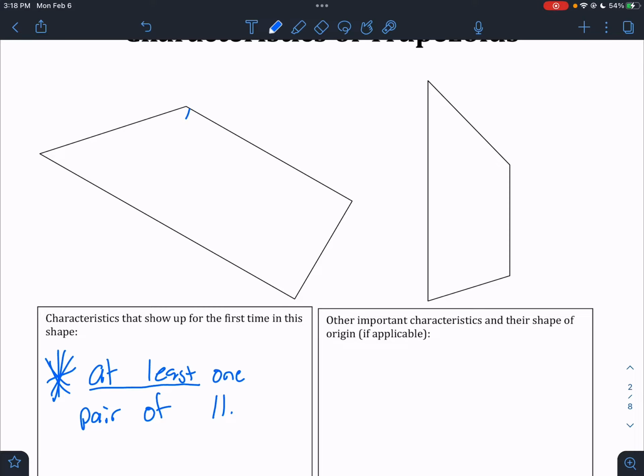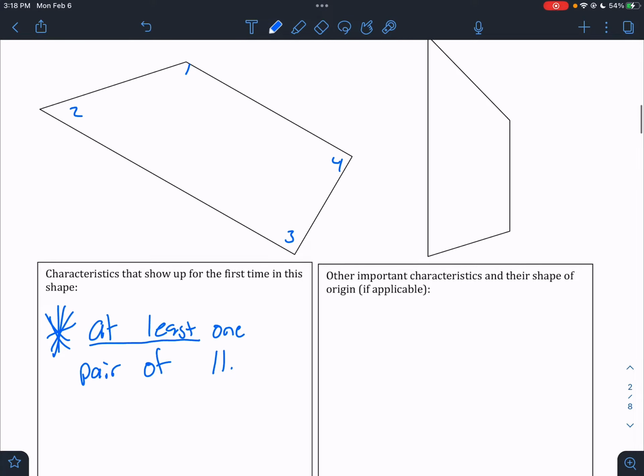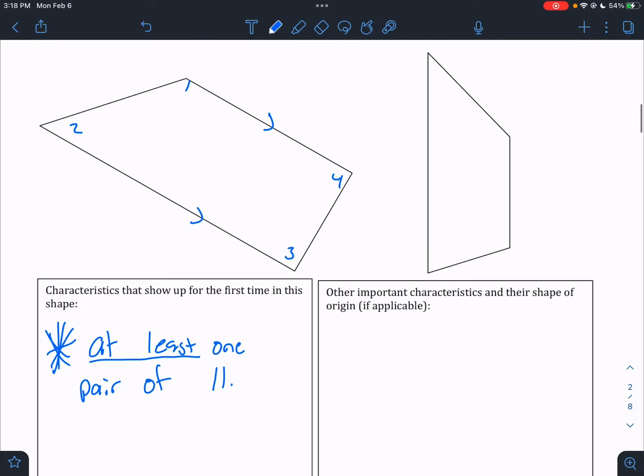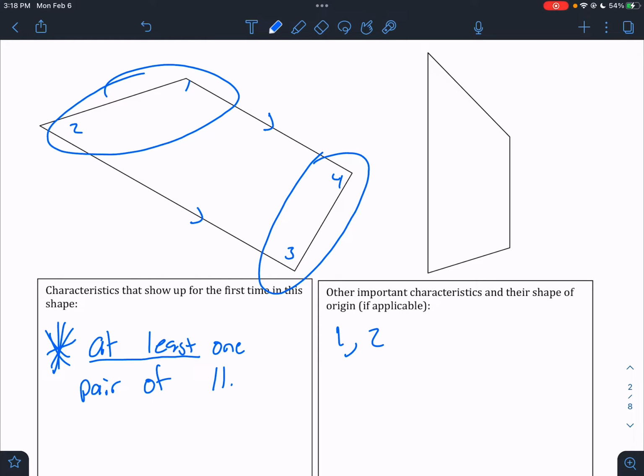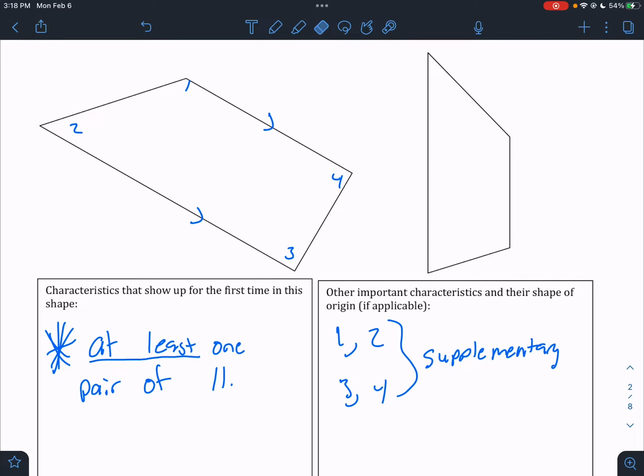Now, if I number these angles 1, 2, 3, and 4, what are some things that happen because the lines are parallel? Well, we know that the angles between parallel lines, so angles 1 and 2, and angles 3 and 4, are going to be supplementary angles.